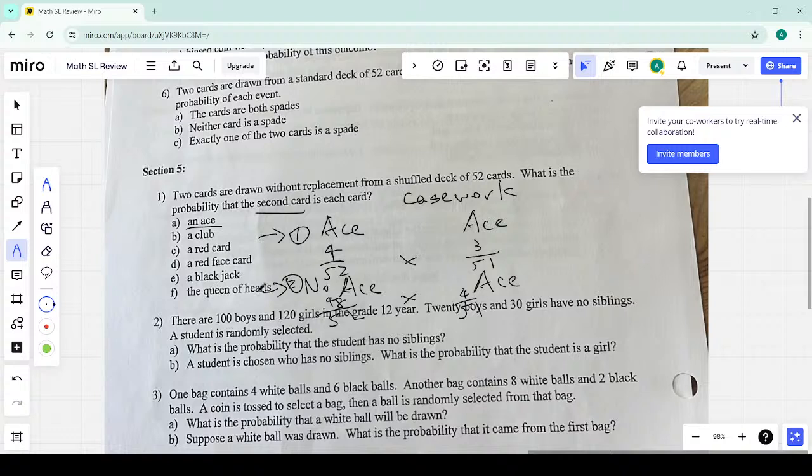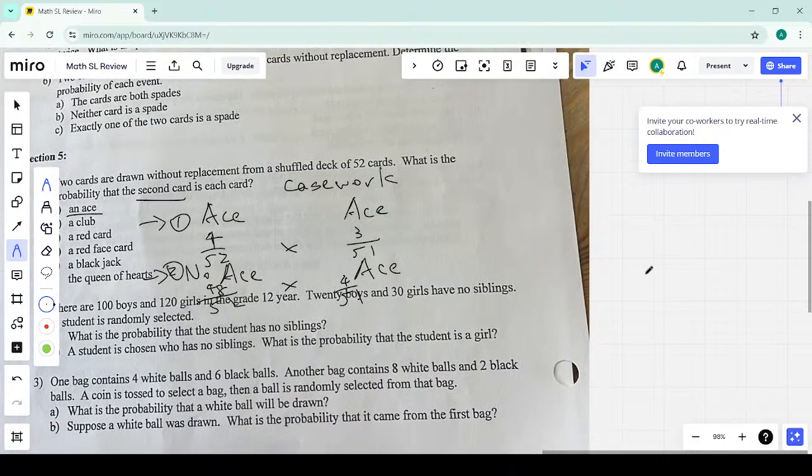Blackjack, Queen of Hearts. I'll do the last one just as an example. So what's the probability that the second card is the Queen of Hearts? Well, in this case, the Queen of Hearts has to be drawn on the second card. So that means we can't draw the Queen of Hearts on the first card. So essentially, we have 51 cards to choose from the 52.